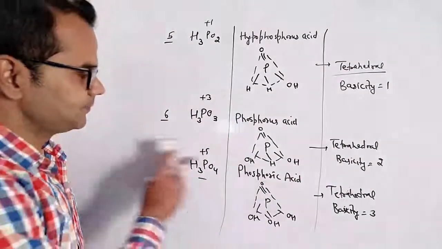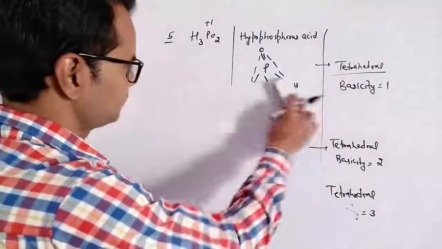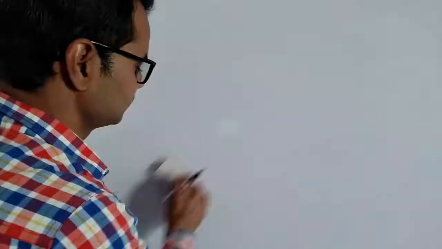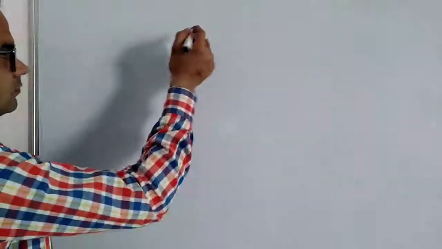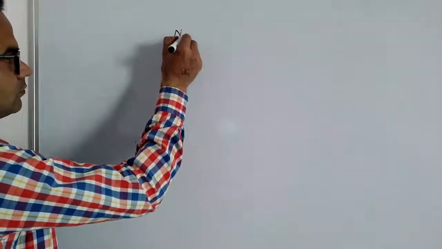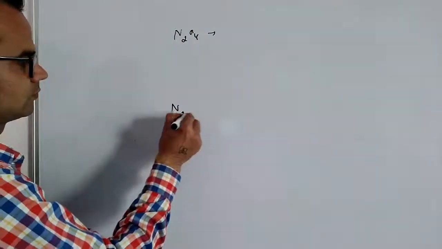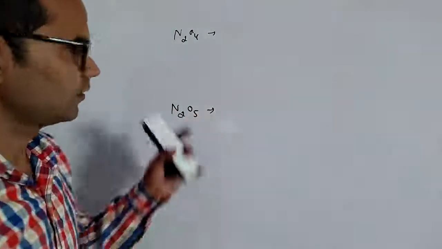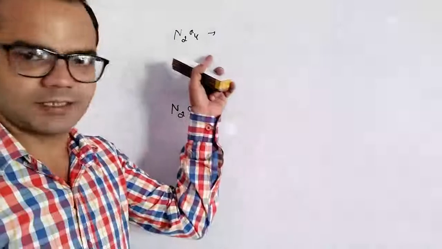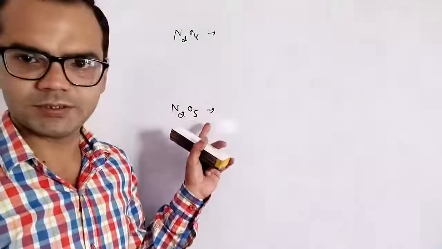Next compound is N2O4, nitrogen tetroxide, and N2O5, nitrogen pentoxide.